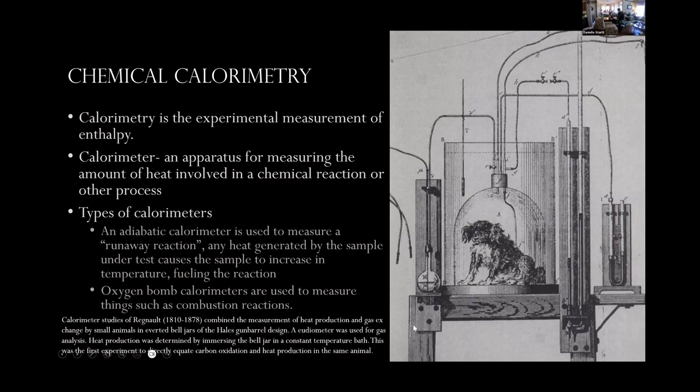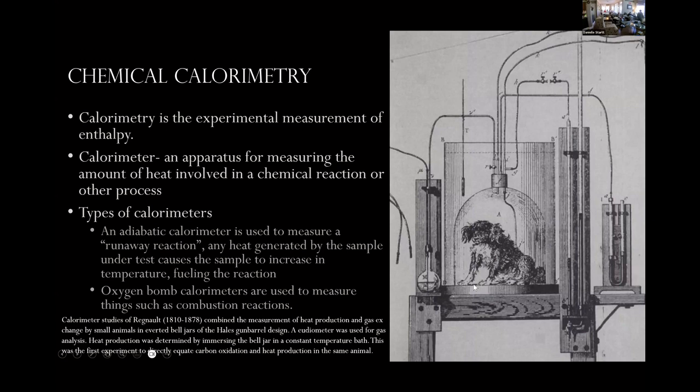All right, so you're wondering what is going on here. Calorimeter studies of Regnault, 1810 to 1878, combined the measurements of heat production and gas exchange by small animals in everted bell jars of the Hales gun barrel design. That's what this is. And a eudiometer was used for gas analysis.